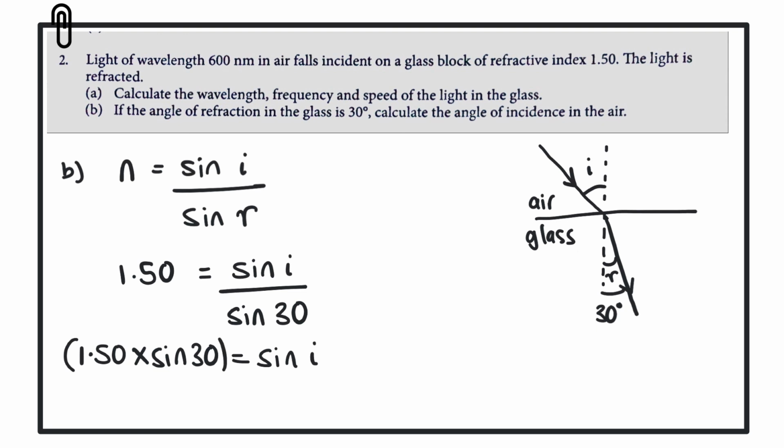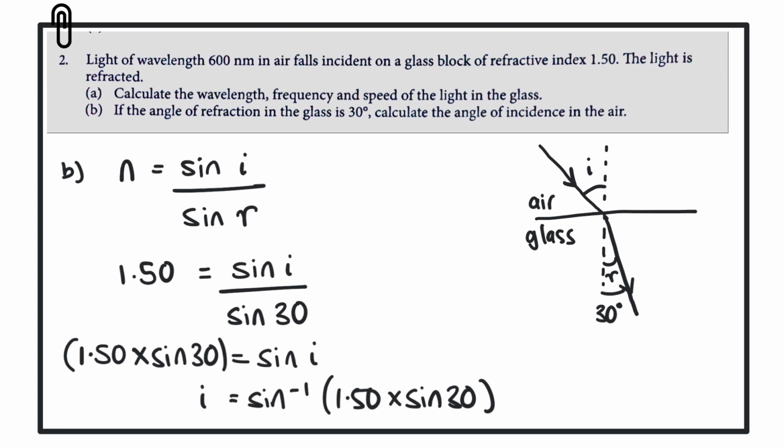So that's the inverse sine of 1.5 times sine 30. So I is equal to sine to the minus 1, that's our inverse sine of 1.50 multiplied by sine 30.